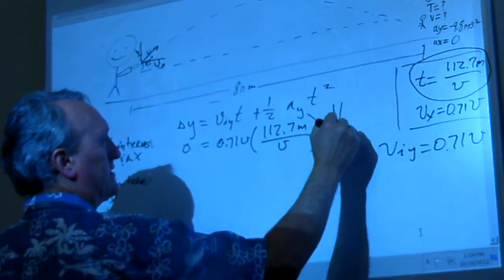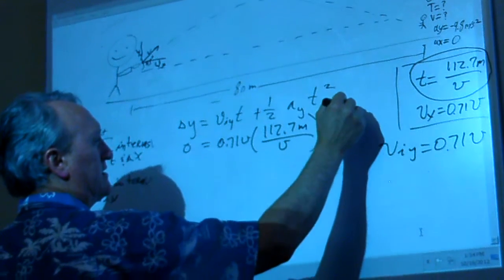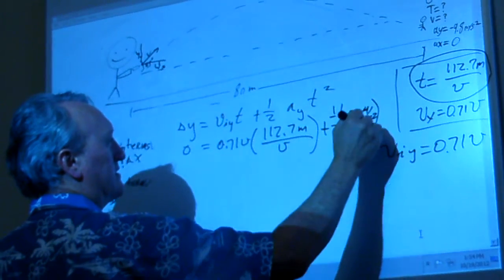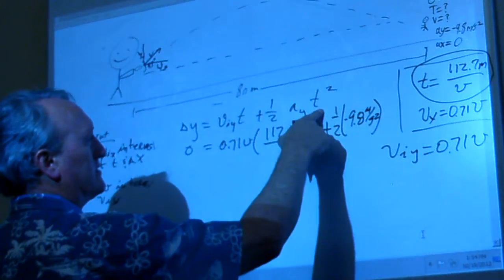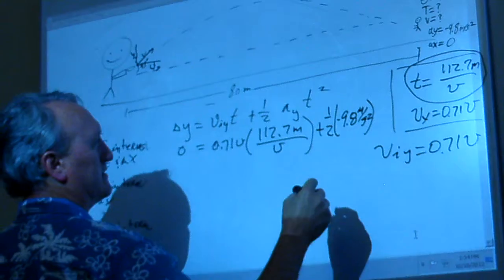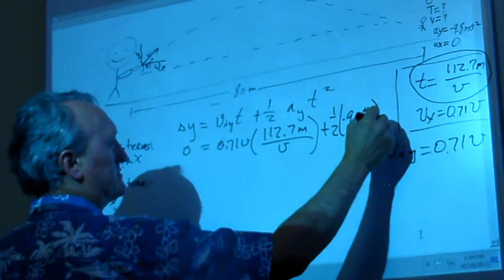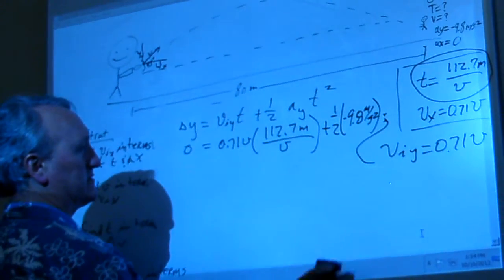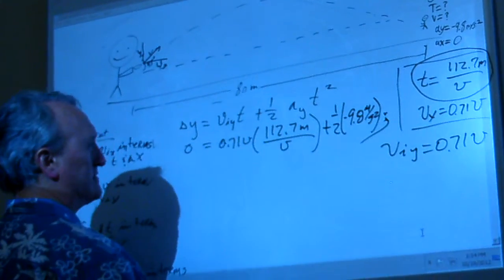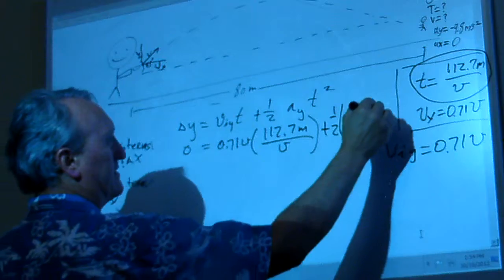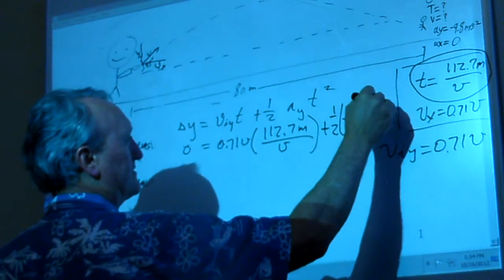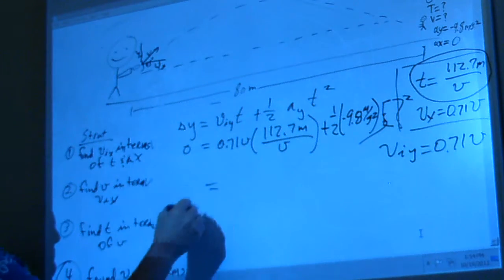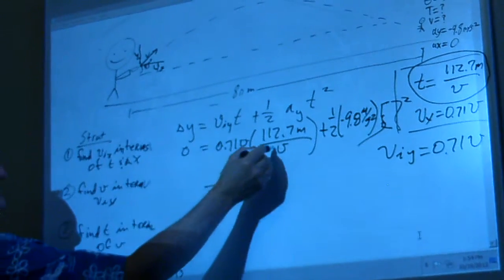What's a_y? Negative 9.8 meters per second squared. And T squared is going to be this squared, right? Times this squared. Whatever that thing is, right there, squared.